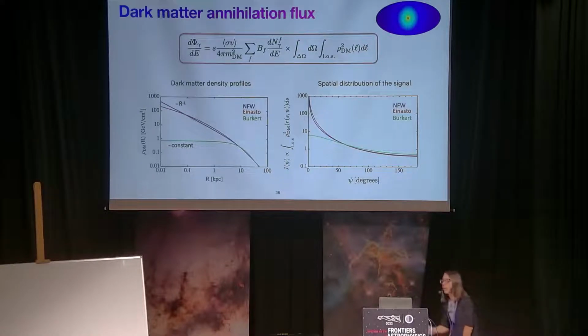Let me just say that this is true for our own Milky Way. If you were to look at other targets like dwarf spheroidal galaxies, you receive photons from the whole object. So as a matter of fact, you are integrating over the full structure, and the dark matter density profile makes a bit less of an impact.